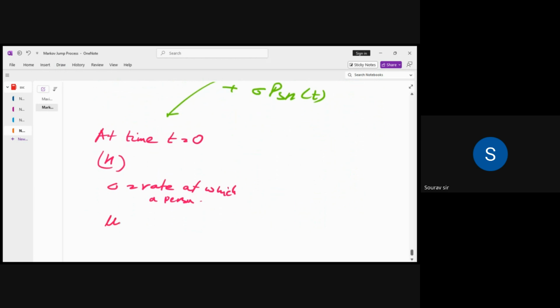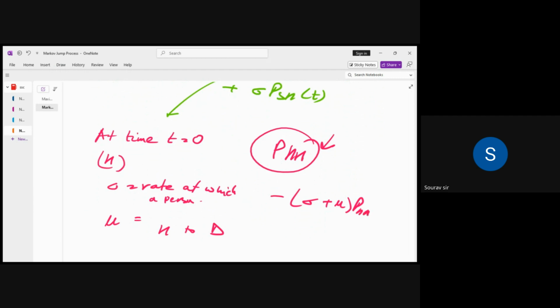And mu is the rate at which the person moves from healthy to deceased. The probability of staying in H over an interval of time is P_HH(t). If you multiply this together, that is minus (theta plus mu) P_HH(t). Together, it represents the probability flow away from H.